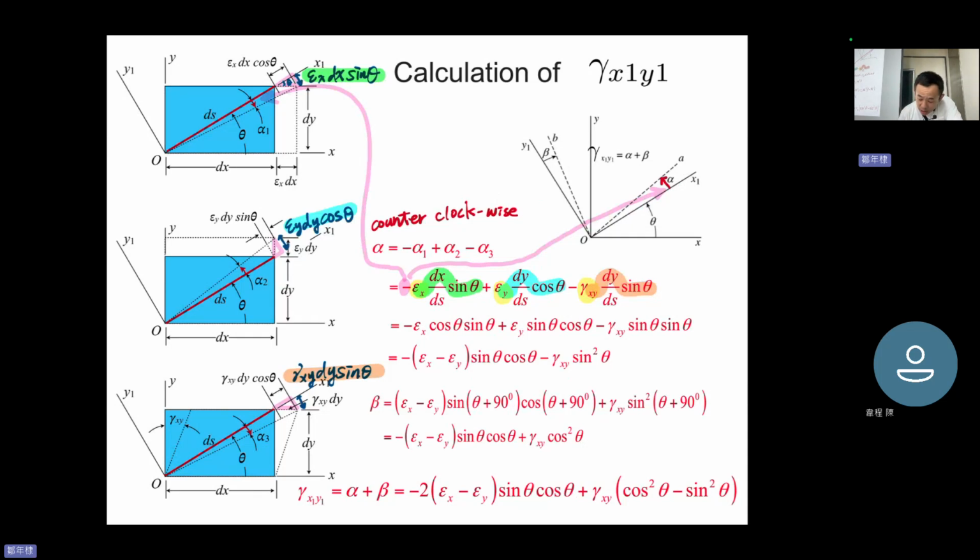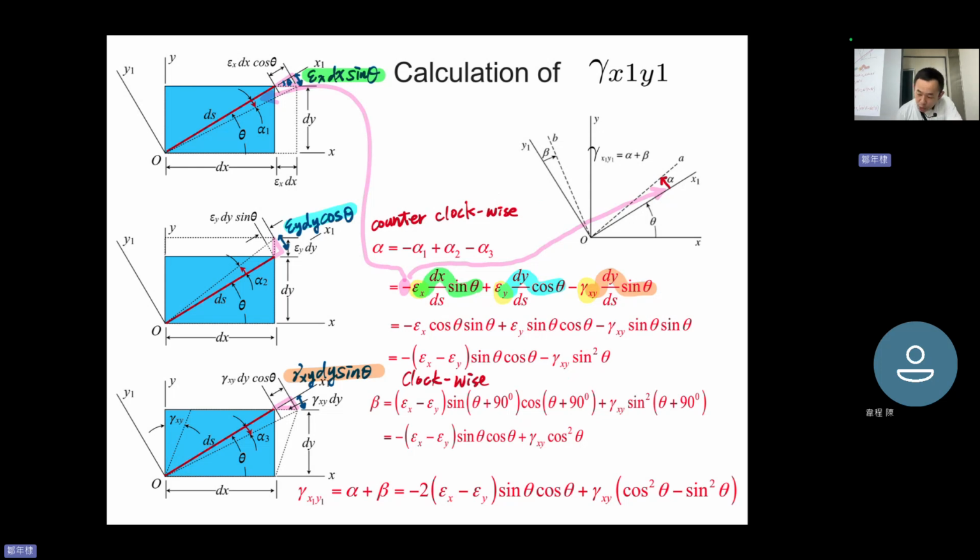What trick? Here, you see, alpha is counterclockwise. Beta here is clockwise. So you will notice that they have different sign.